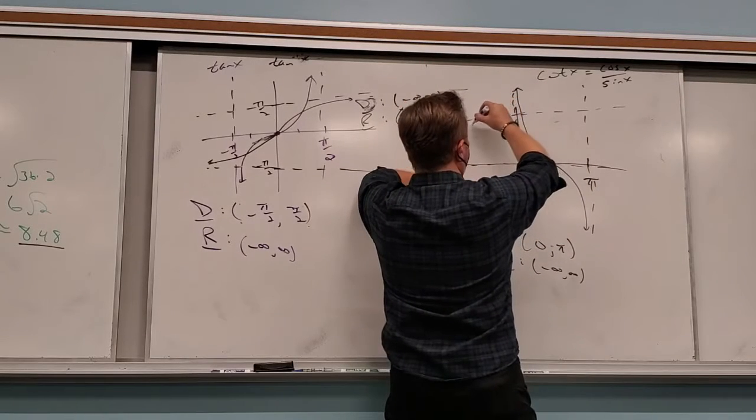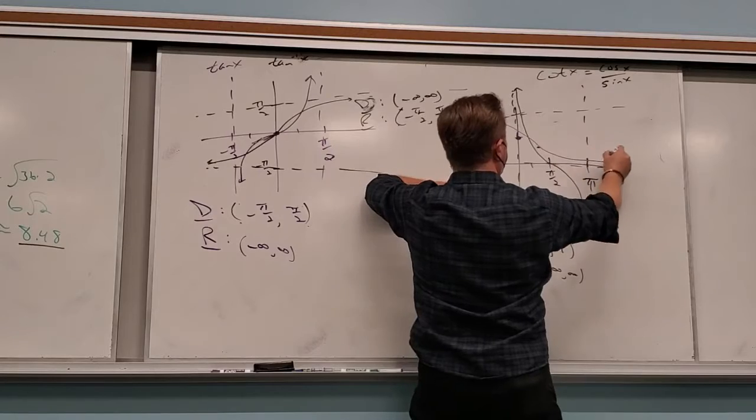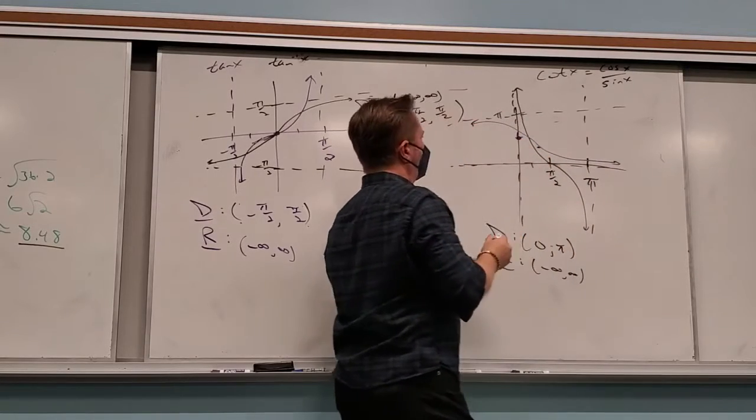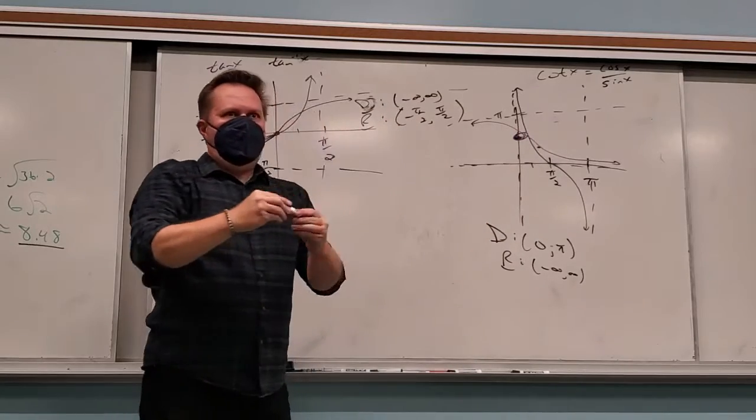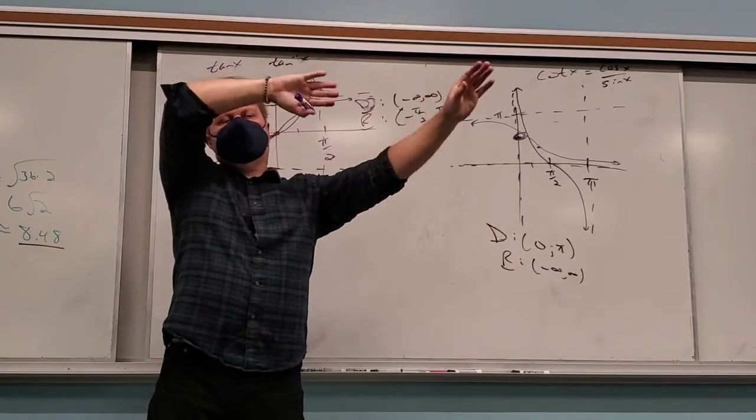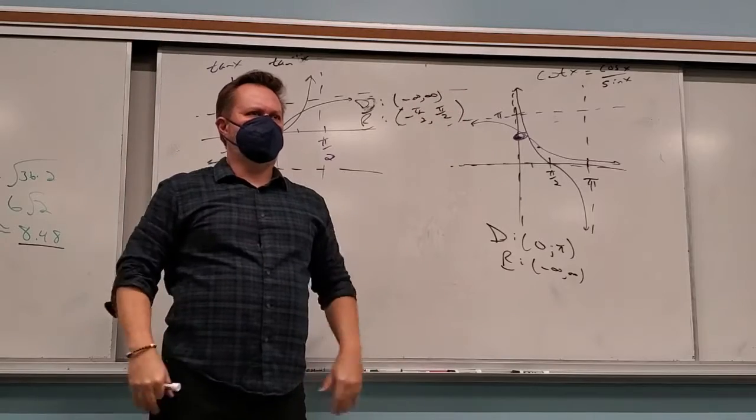So it's going to roughly do like this. It's going to kind of look like the inverse tangent just shifted a bit.